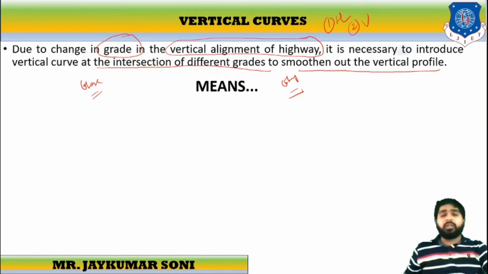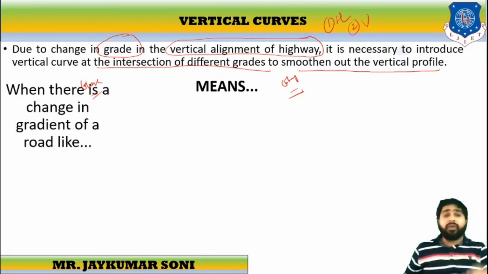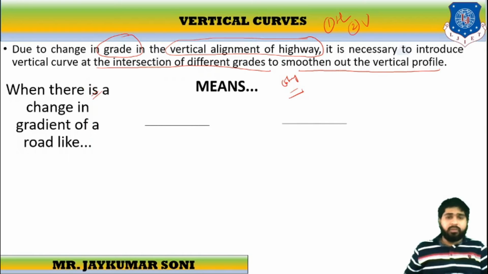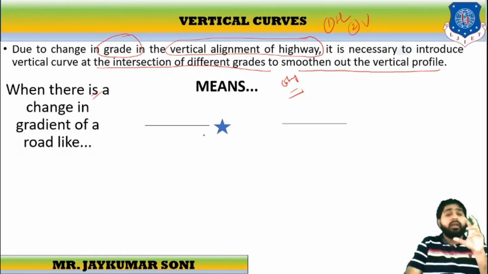Means what I'm trying to explain is when there is a change in gradient of a road, such as, see, if we are traveling on the road and let us assume that there is an obstruction like this, or while designing the road, we observe an obstruction like this, which cannot be removed. So we cannot construct our road in this direction. Otherwise, this will create hindrance.